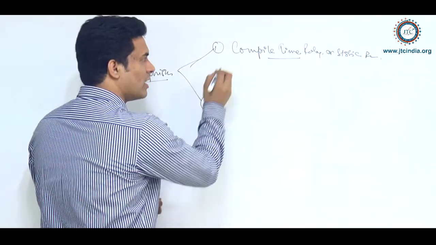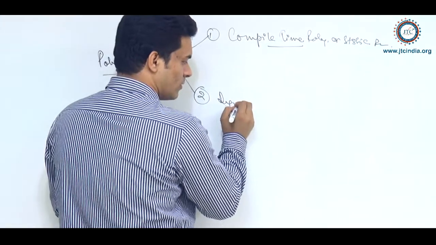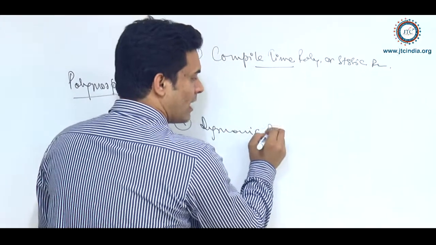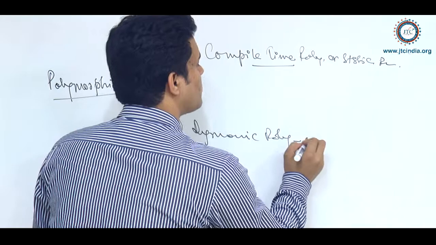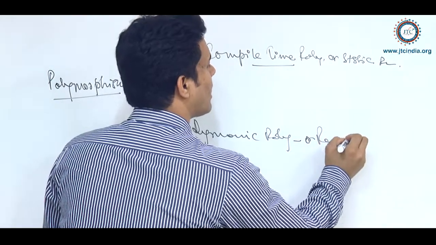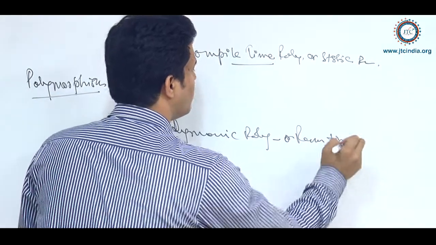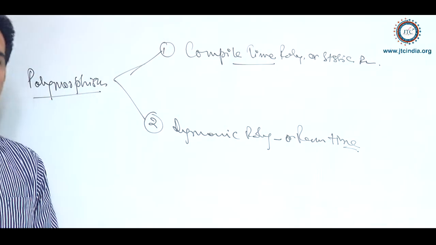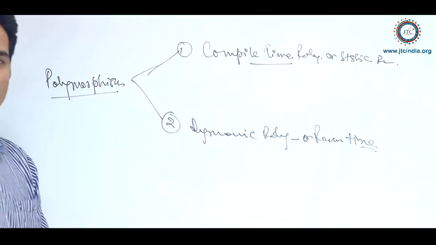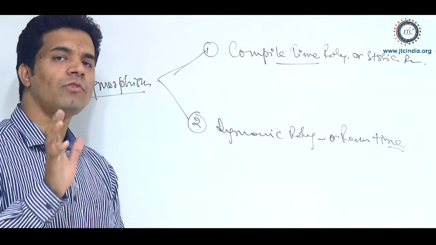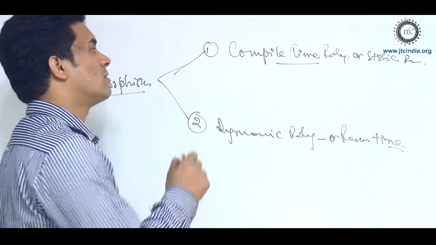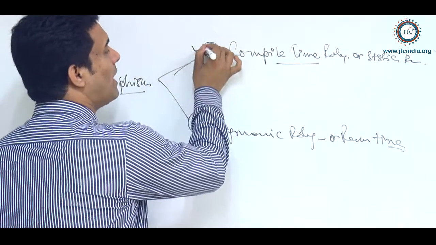And the second one is dynamic polymorphism, or runtime polymorphism. In my last tutorial, we saw compile time polymorphism.